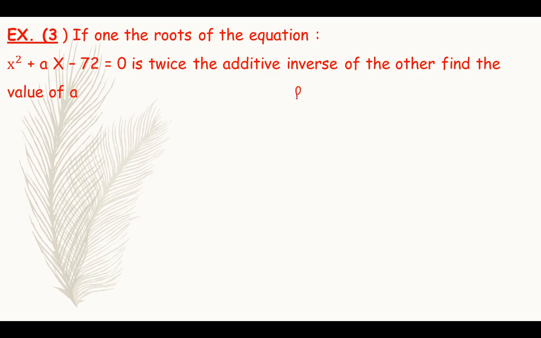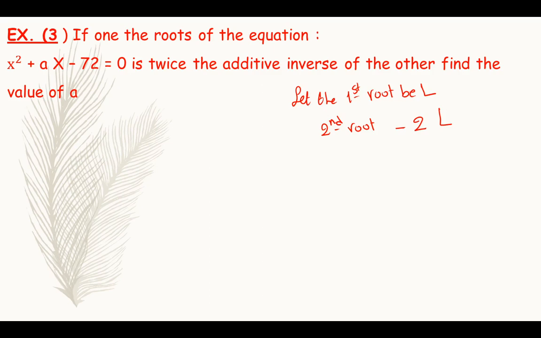So let the first root be L. Okay, the other root is twice the additive inverse. First, the additive inverse of L is negative L. So twice the additive inverse will be negative 2L.